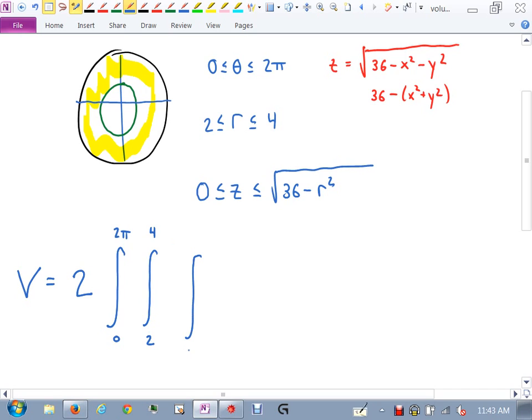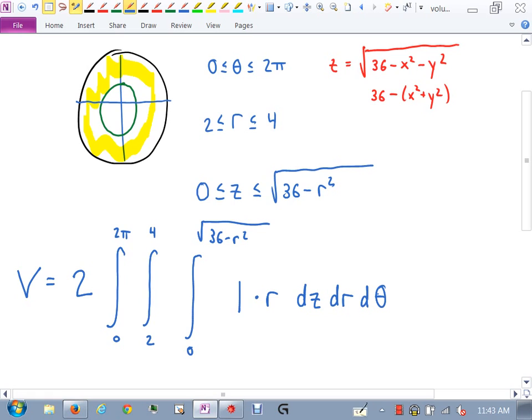It goes from 0 to root 36 minus r squared. What am I integrating? 1 times r, good, thank you. Then dz dr d theta.